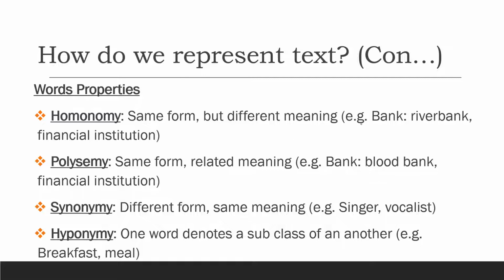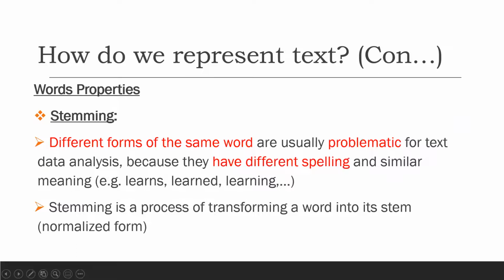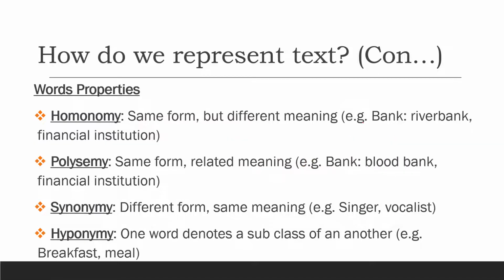If you think about the word bank, we can use the word bank to indicate the financial organization. Similarly, the river bank is also there. So this type of word we call homonymy: they are in the same form, but they have different meanings.